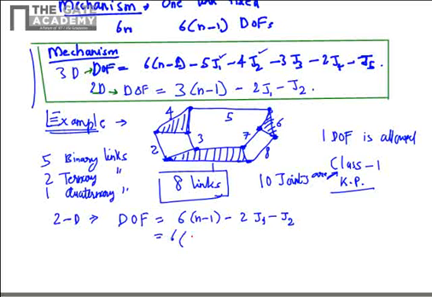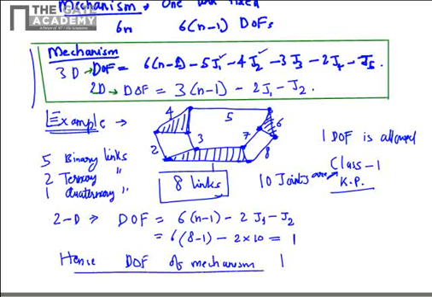Here we have 8 links and 10 class 1 pairs, so 3 multiplied by 7 minus 2 multiplied by 10. So the result is 1. So hence, the degree of freedom of this mechanism is 1. So likewise, you can pick the correct choice from the given options.